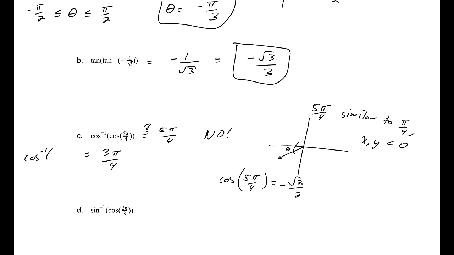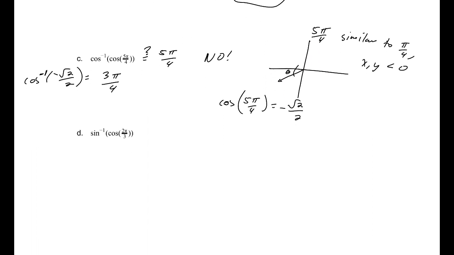Cosine inverse of negative root 2 over 2 is 3 pi over 4. Because our x value would be the same here, and since we're restricted to this half of our circle, it's got to be 3 pi over 4.